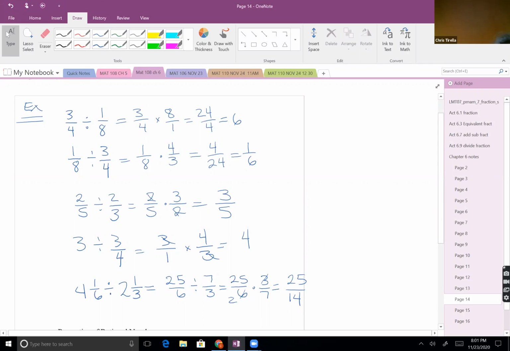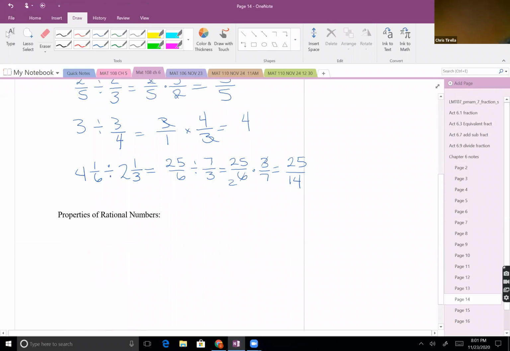what's left in chapter 6, just like when we finished with the whole numbers, we talked about properties. When we finished with the integers, we talked about properties. When we finished with the rational numbers, we want to talk about properties of rational numbers. And the first property that we want to discuss is that they're closed.